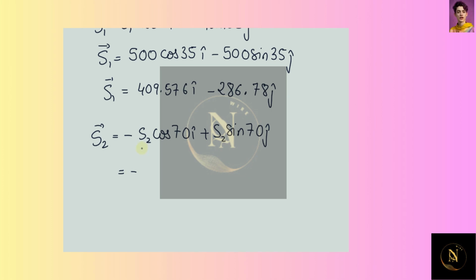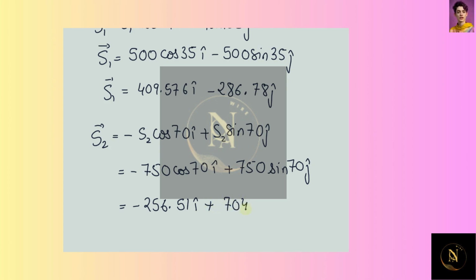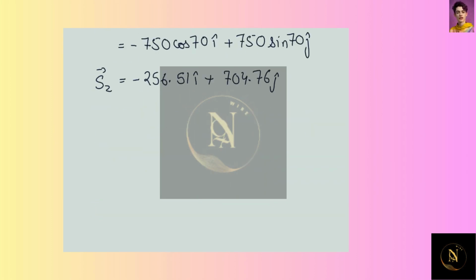S2 is 750, so this is minus 750 cosine 70 I cap plus 750 sine 70 J cap. From here we get minus 256.51 I cap plus 704.76 J cap. So this is the S2 vector.